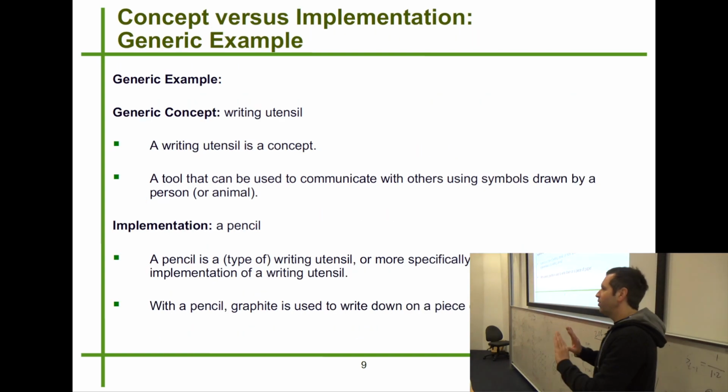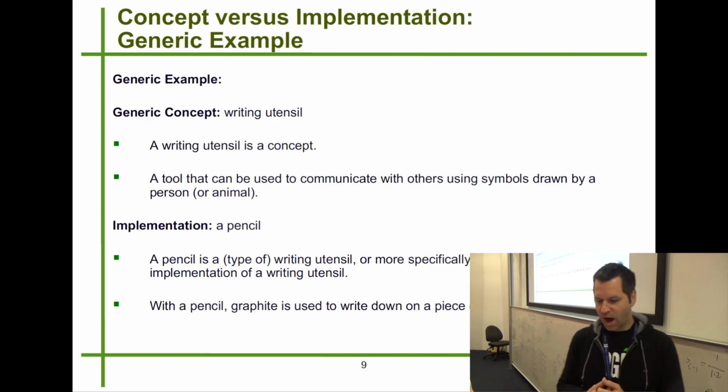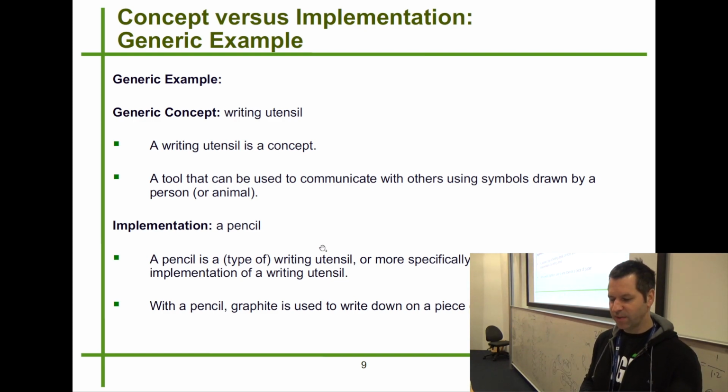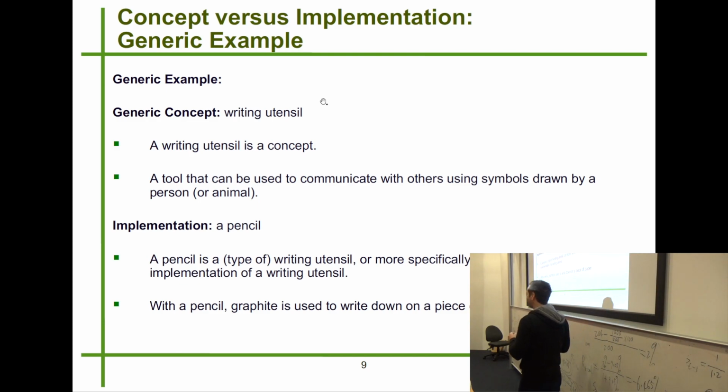Here's just an example that has nothing to do with computer science. It's just an example to give you the idea, right? I have this idea in my head. Oh, I want something that I can write with, right?